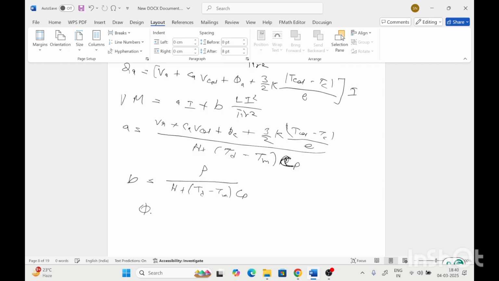So here we note that phi C is the work function of the anode, phi is constant, voltage is constant, latent heat is constant, and heat capacity of the material is constant. So A and B are constants.